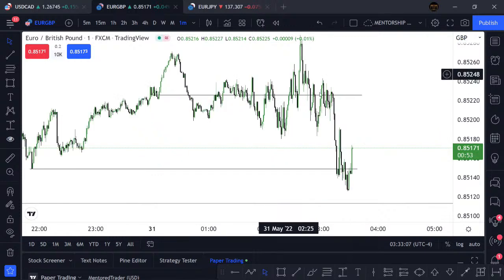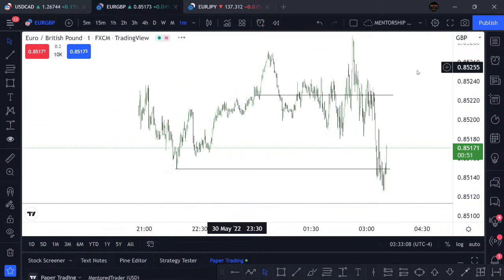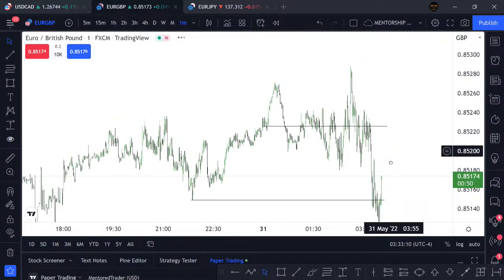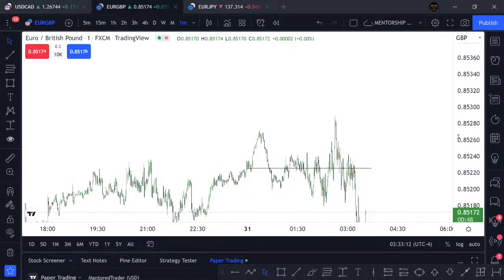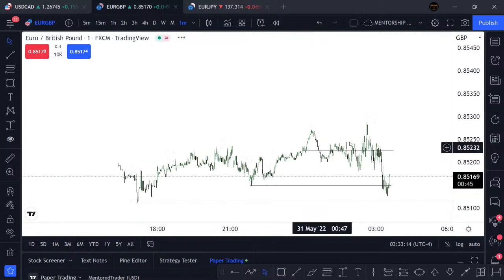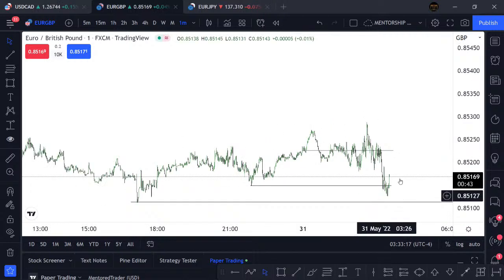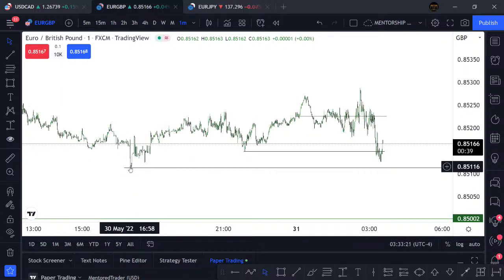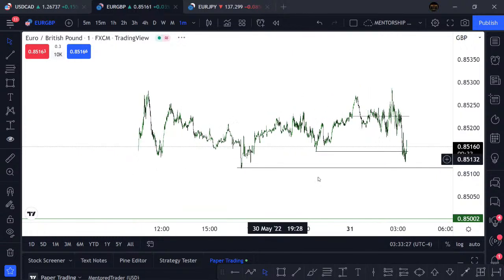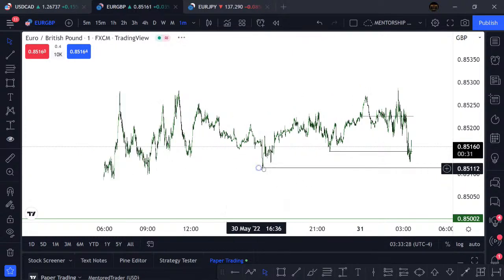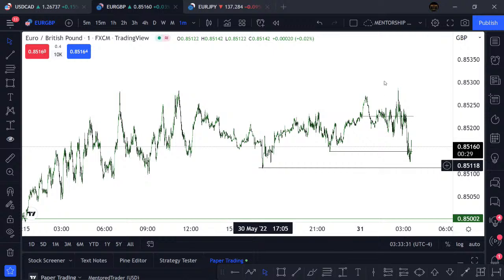So on a daily, this is the accumulation, the manipulation. We want to see it at least trade below this low. We're looking for a weekly low today on a Tuesday. So this is the 1 minute chart, and I want to see price at least trade below this low for me to buy.